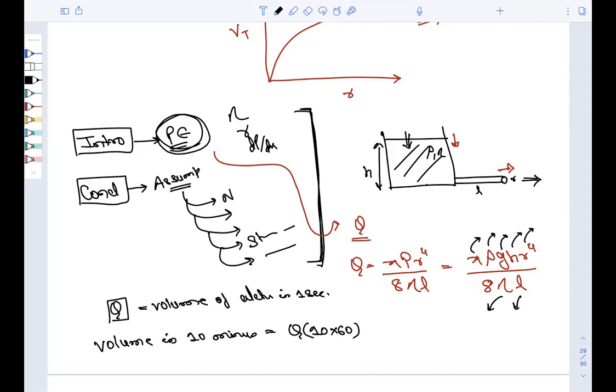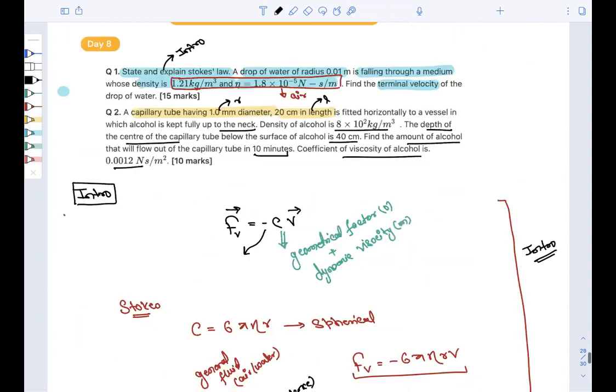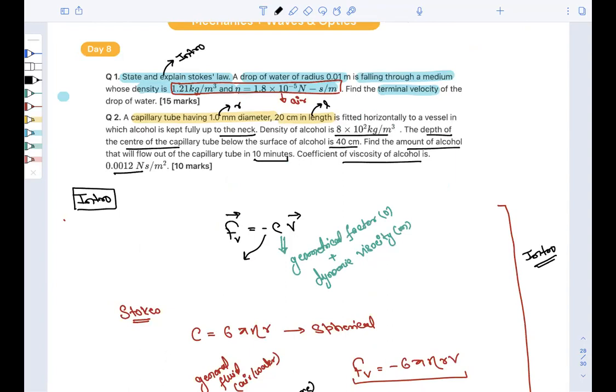Now, what will be the mass? The mass that is flowing here is also the alcohol. Just multiply by volume. Mass will be what? Rho into volume. So rho into Q into 10 into 60. Whatever it comes, this is the answer, right? So again, understand that the liquid that is coming out is also alcohol. That's why we have been given rho of the alcohol, right? And the liquid that is exerting pressure on the tube is also alcohol, right?